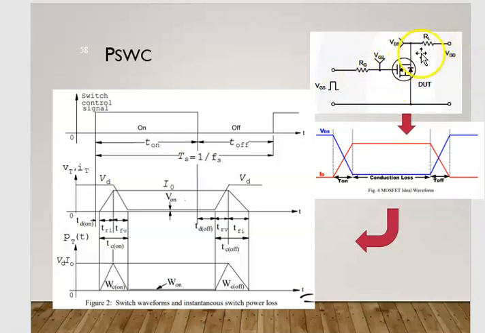So consider a pure resistive load. We connect our VDD, the DC source, to the load, and the load is connected to our switching device, the on-off switch. So ground, source, load, switch, ground. Assume this is a MOSFET, so it will be driven by a gating signal, a voltage gating signal.